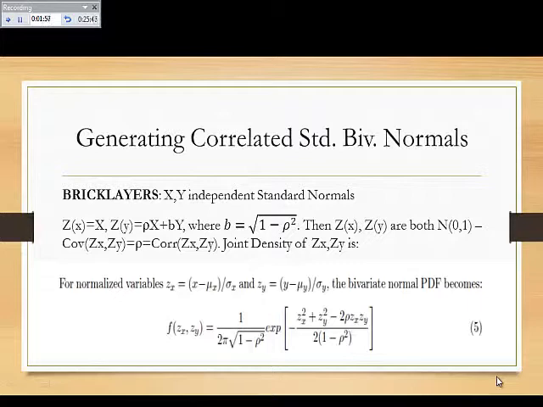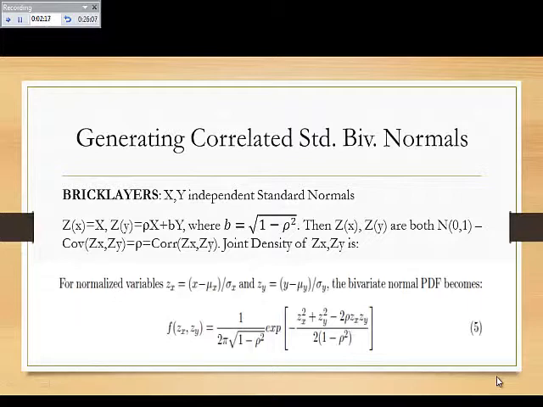So basically by adding those two, I get a partly correlated variable. And now how much weight I put on the two will change the correlation from 0 to 1. If I put all the weight on Y, there will be 0 correlation. If I put all the weight on X, there will be perfect correlation. And in between, I get all in-between correlations.